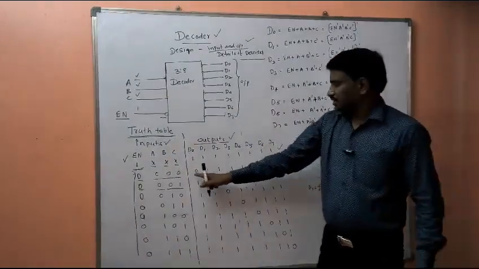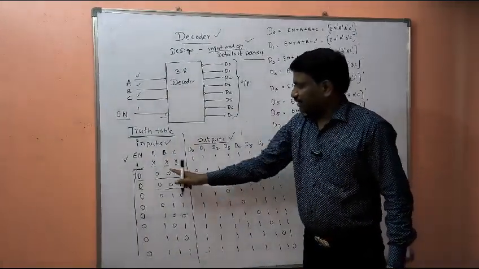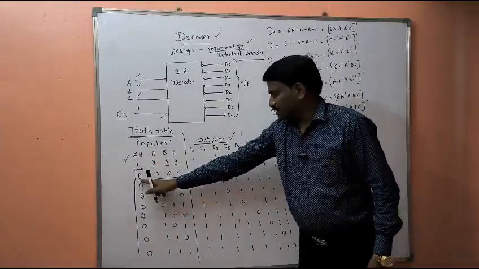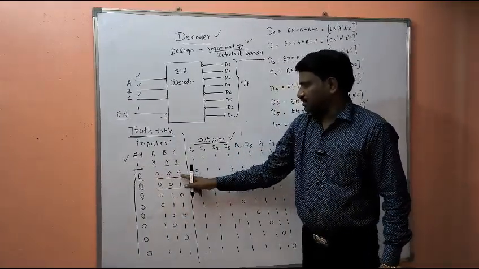For D0, I need to get the 0 from enable, A, B, C: when enable is 0, A is 0, B is 0, C is 0.